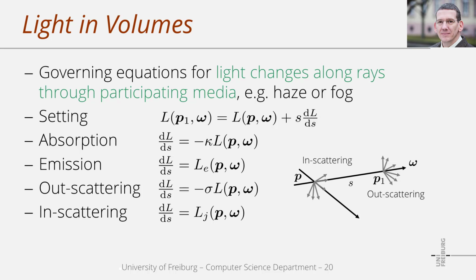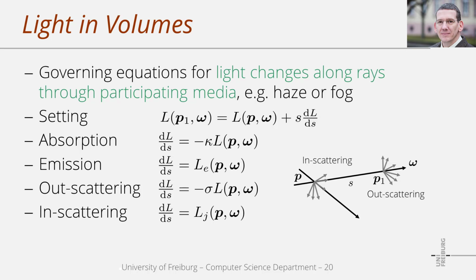Two effects have positive contributions to the amount of light traveling along the line. Two effects have negative contributions. For instance, light can be absorbed between positions p and p1 as indicated by the respective equation, or light can be emitted. So you can subtract or add some light while moving from p to p1.